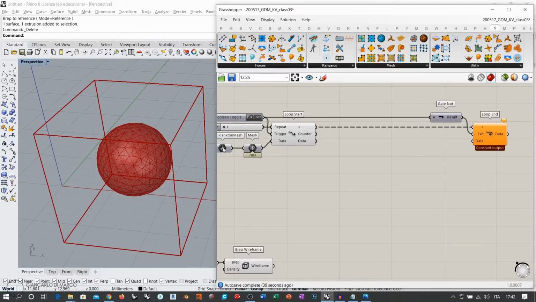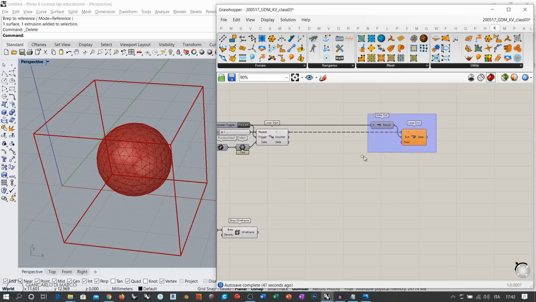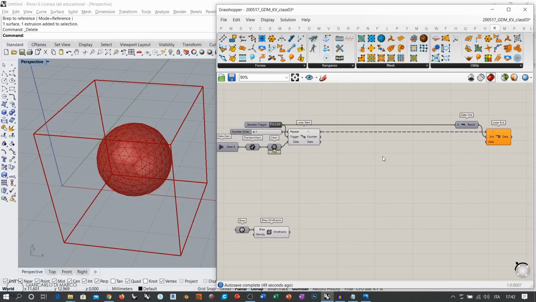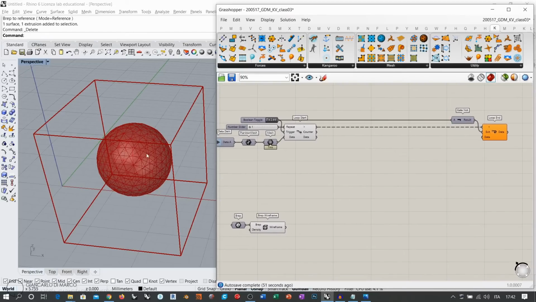I absolutely need to convert this into a mesh, so that's why I placed this container here. But what I want to happen is that the edges of this mesh are going to split when their length exceeds a specific value.